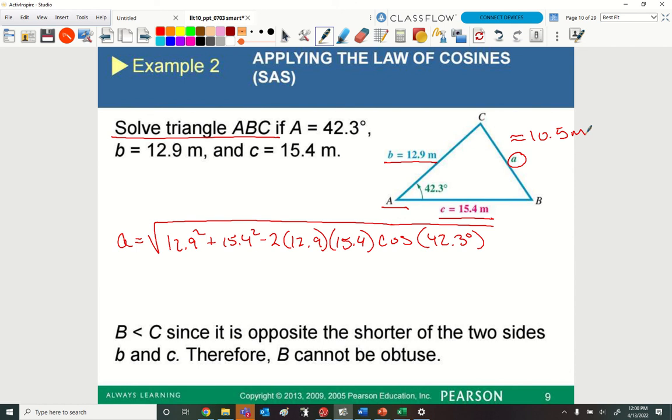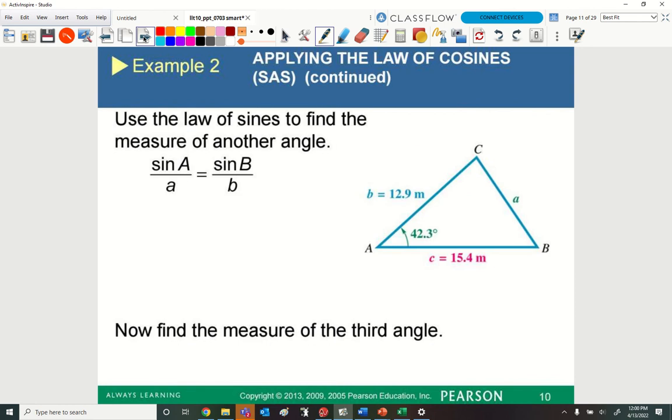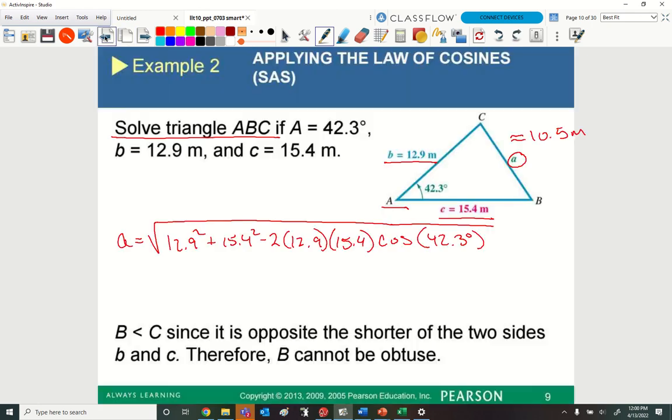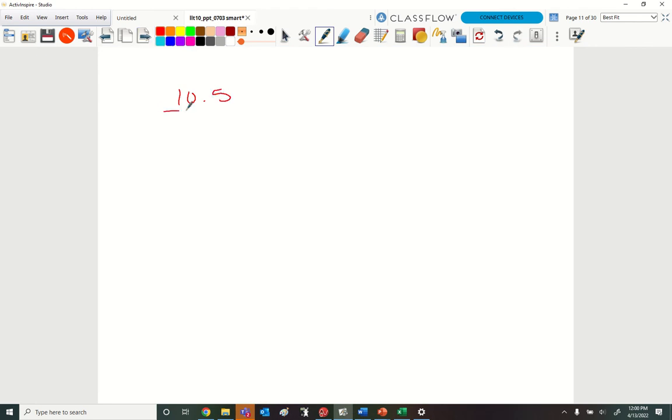I'm going to do angle B. You know what? Right here. So I'm going to solve for angle B. 10.5 over sine 42.3 is equal to sine of angle B on the bottom, and then my little b here was 12.9.